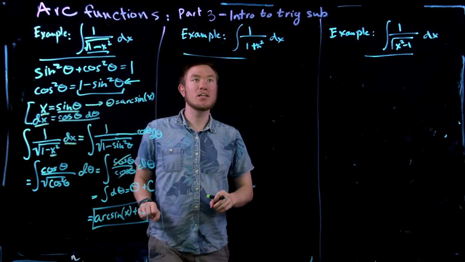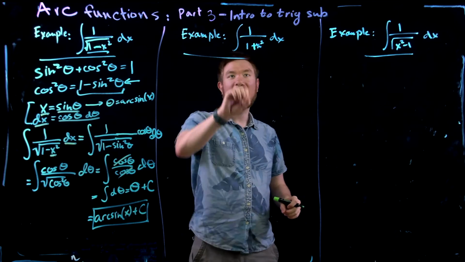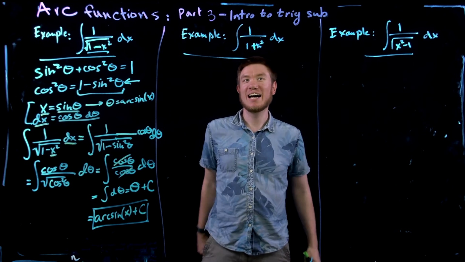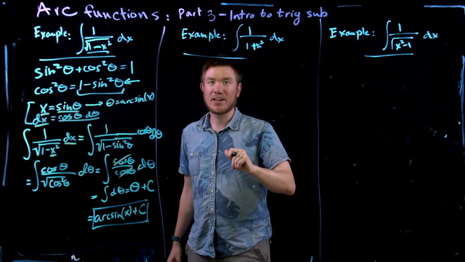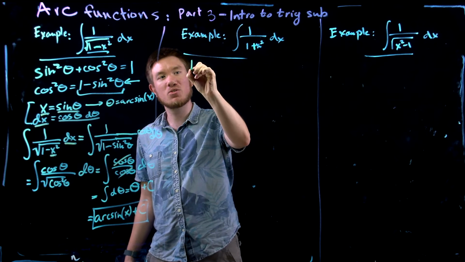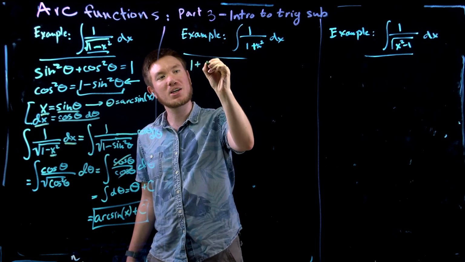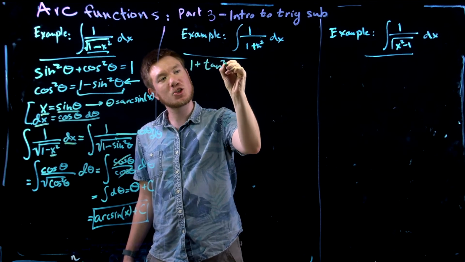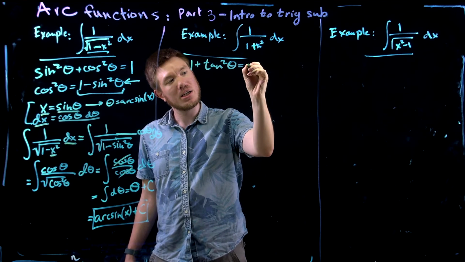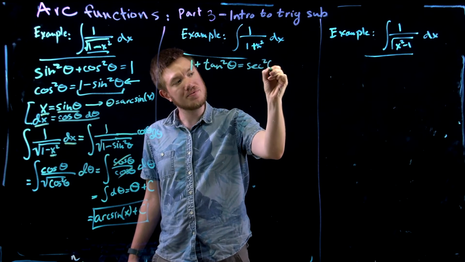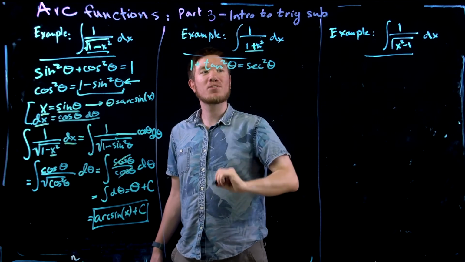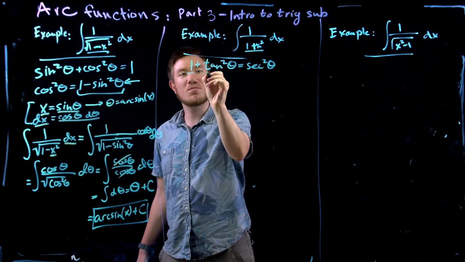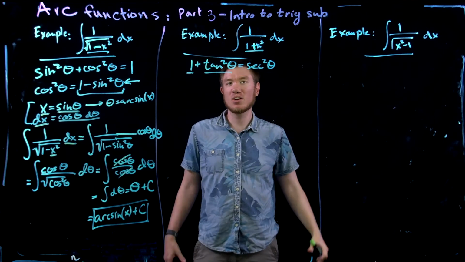By a similar method, we can verify that the integral of 1 over 1 plus x squared is arctangent. In this case, the Pythagorean identity that we want to use is the fact that 1 plus tangent squared theta equals secant squared theta. And once again, notice that we have our 1 plus x squared here, and we have 1 plus tangent squared here.